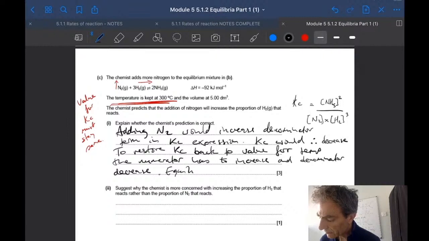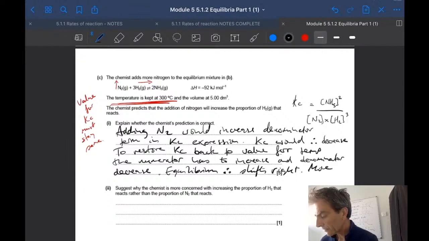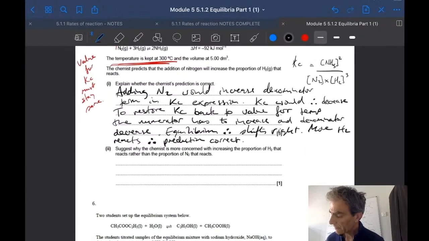Equilibrium therefore shifts to the right. More hydrogen reacts, therefore prediction correct. Okay, hope that makes sense.